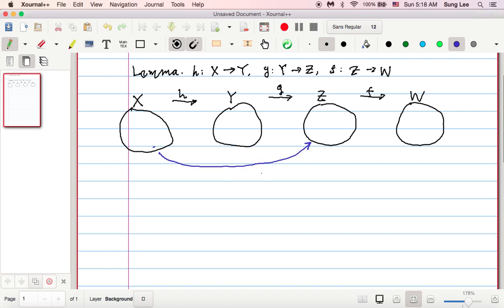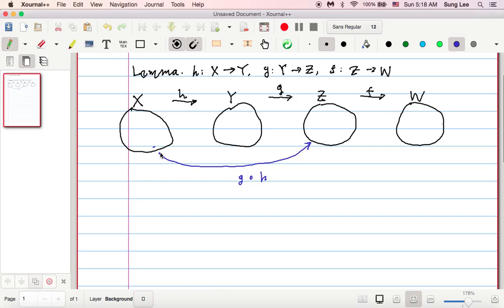So there will be h followed by g, and then I'm going to combine these. This is h followed by g and f, right?